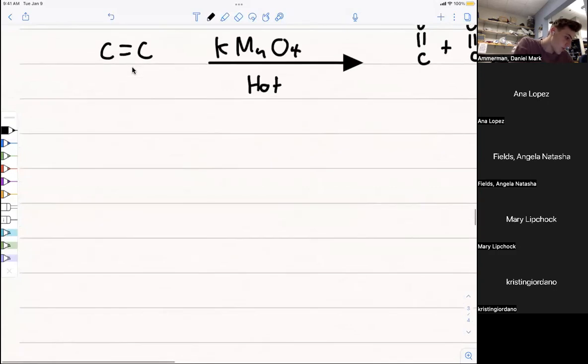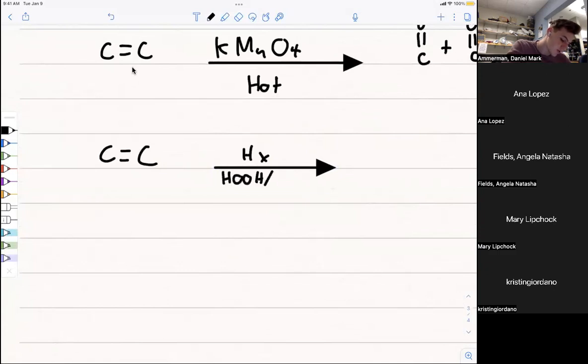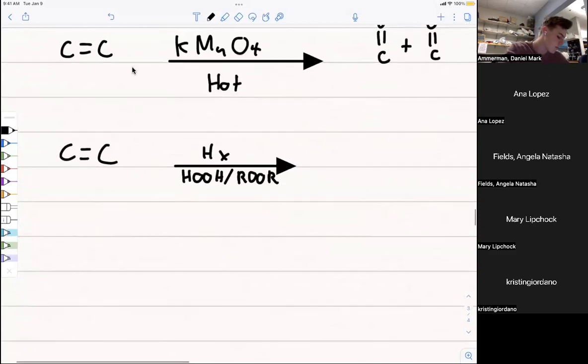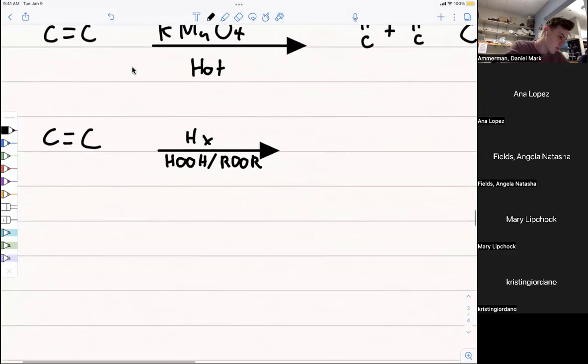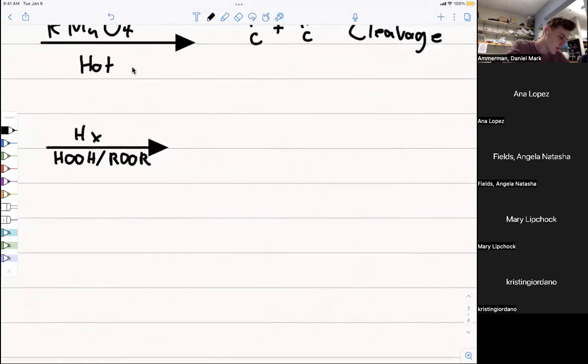When we have a carbon-carbon double bond, and we have X, which stands for a halogen, but we also have hydrogen peroxide, or just peroxide in general, the R groups being the carbon group, then you end up with the anti-Markovnikov addition.